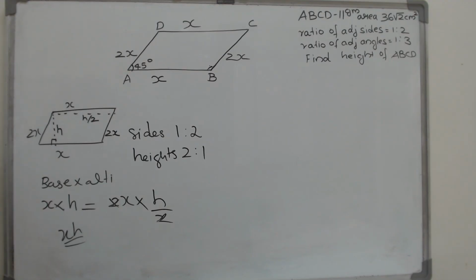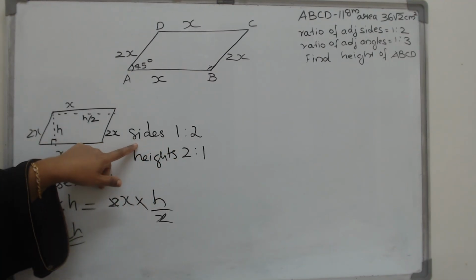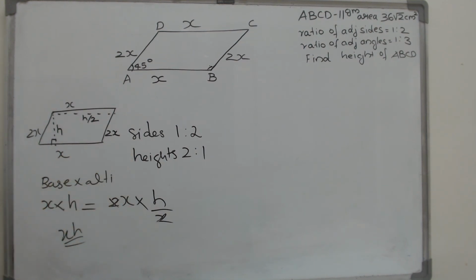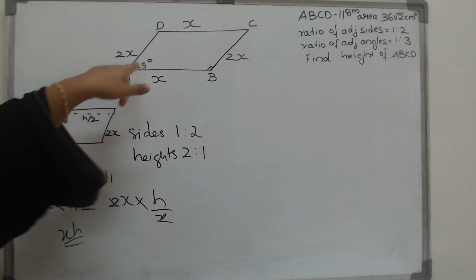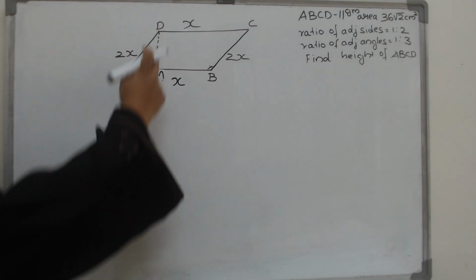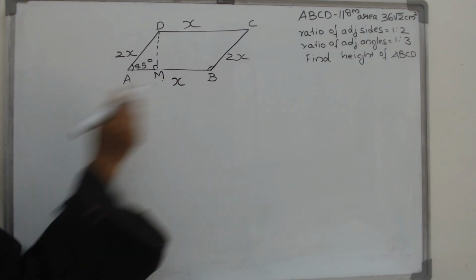It has to be a constant. That is why, whatever ratio you have for the sides, the heights will have a reciprocal ratio. Now we need to find two heights here, but we just need to find one and then take the half of it. Now let DM be the altitude to the side AB.